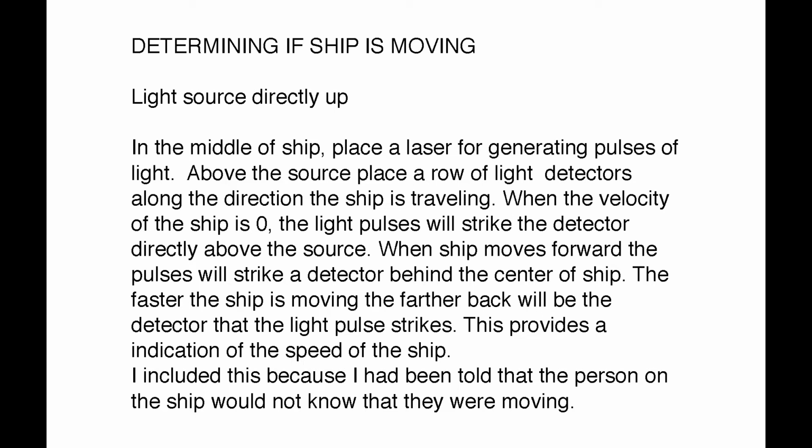When the ship moves forward, the pulses will strike a detector behind the center of the ship. The faster the ship is moving, the farther back will be the detectors that the light pulse strikes. This provides an indication of the speed of the ship. I included this because I have been told that a person on the ship would not know that it was moving.